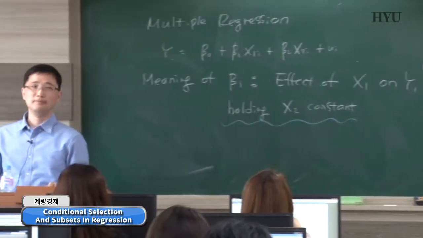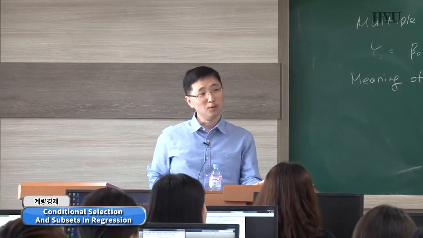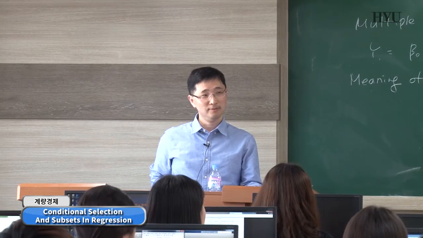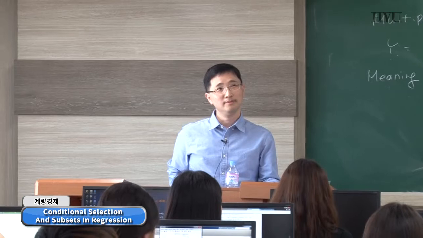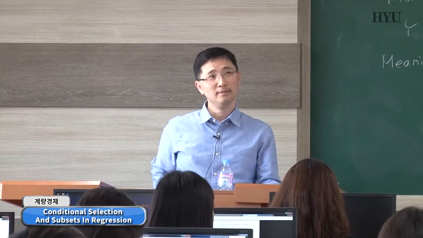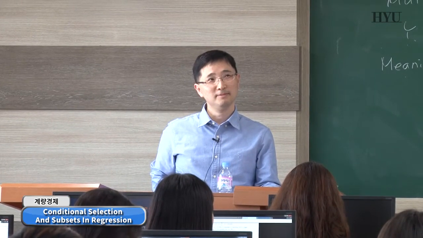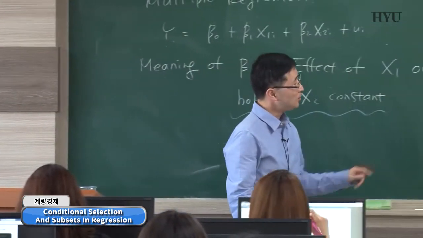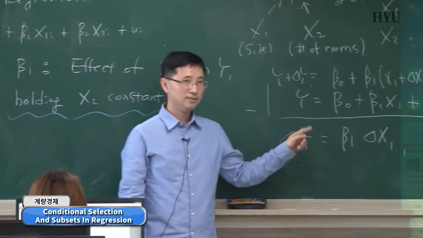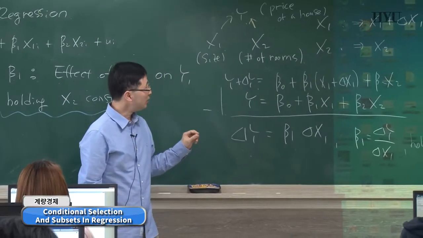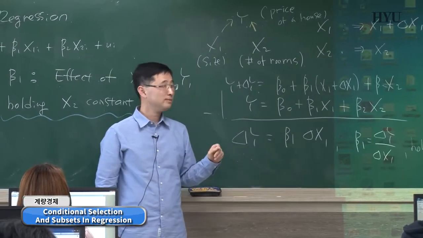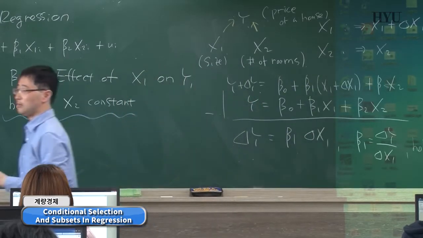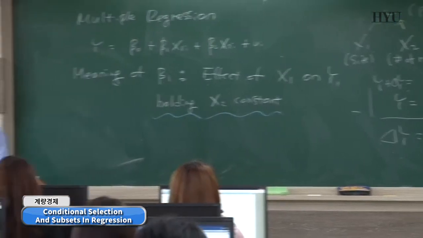Okay? And then you ask, what is going to be the price of such a change? Now, so that's this effect. So I change the size of my house while holding X2 constant, keeping the number of rooms constant in my calculation. Okay?